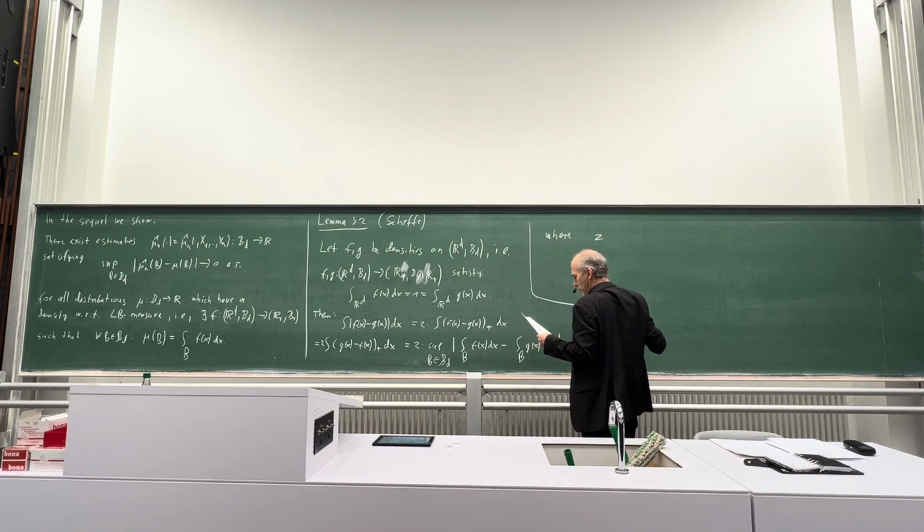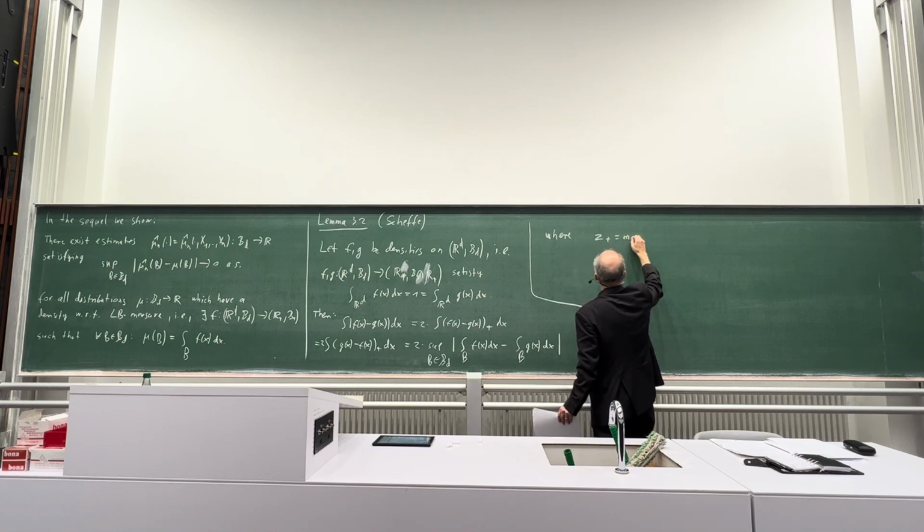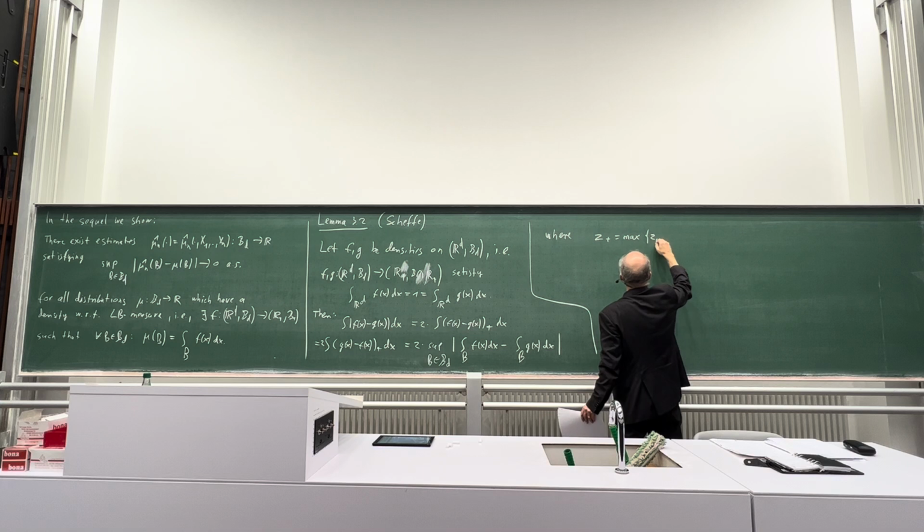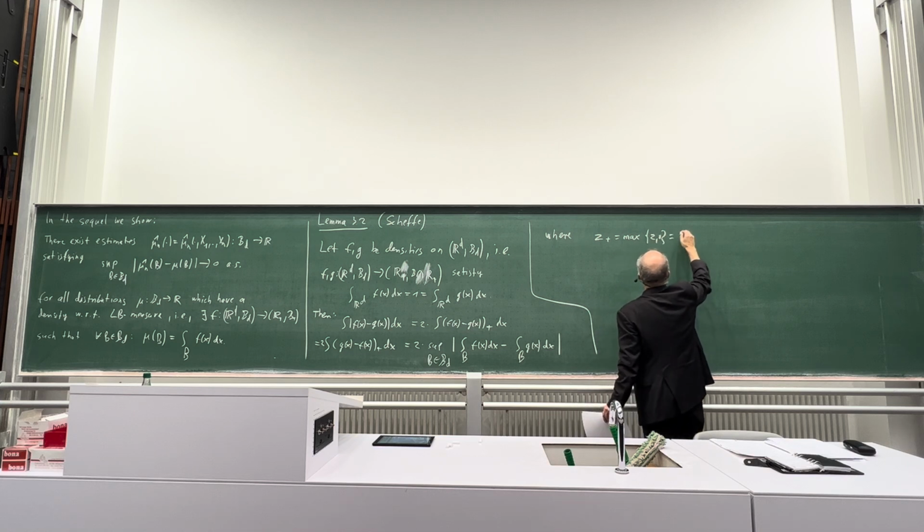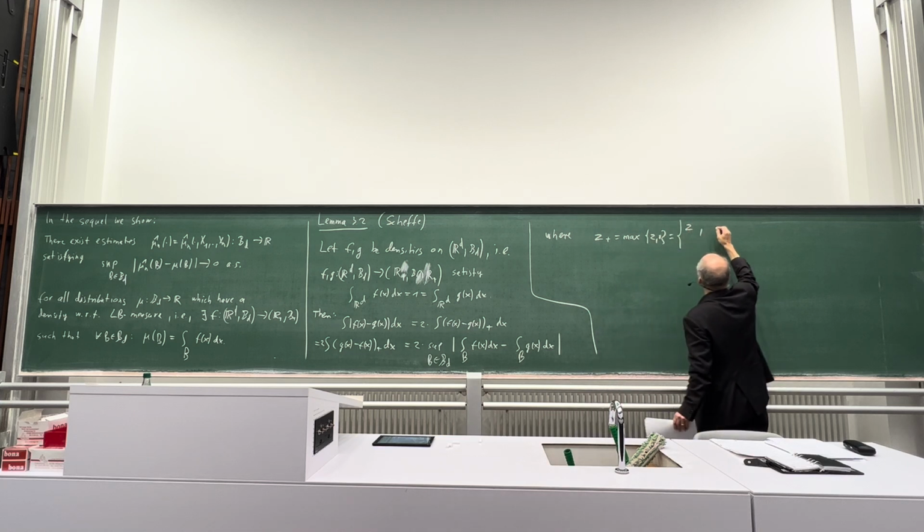So plus is the maximum of the argument and 0. So z plus is z if z is greater than 0, and 0 otherwise.